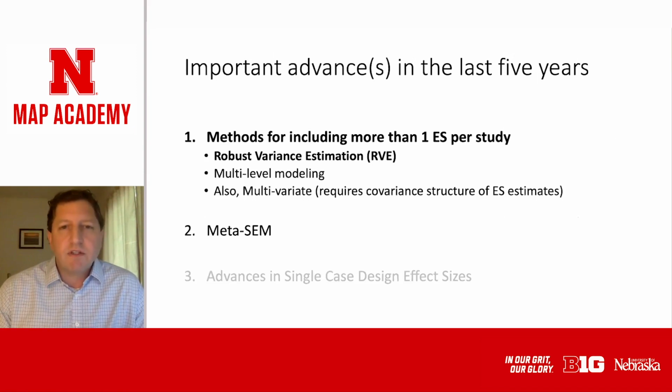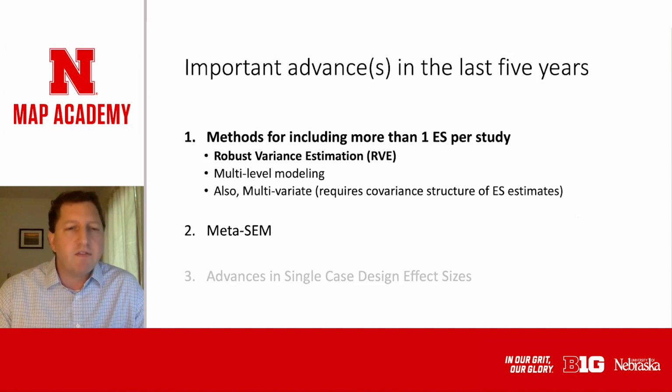As I mentioned, there have been some important advances in the last 5 years, and there are three here that I've listed. I'm going to really talk primarily about number one, methods for including more than one effect size per study. This has been a limitation of meta-analyses. It was a limitation for many years, I'll talk about what that means, and why we can only include one effect size per study.